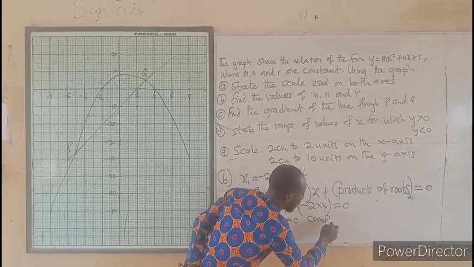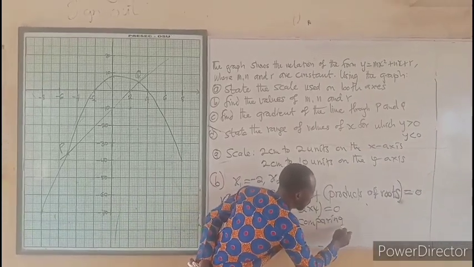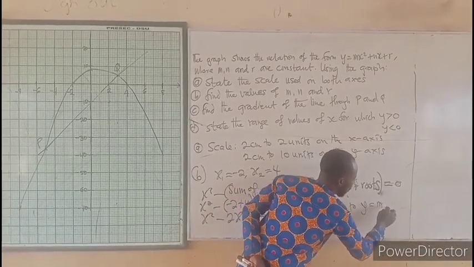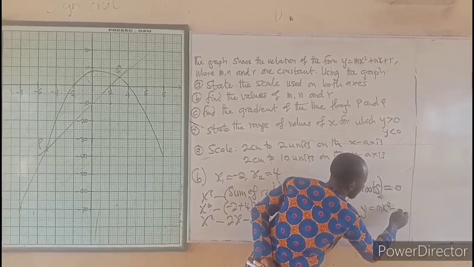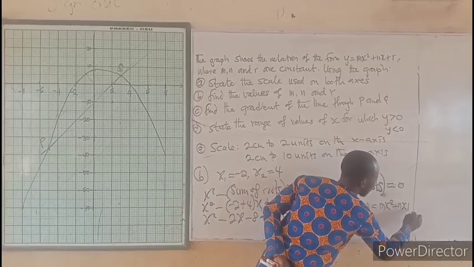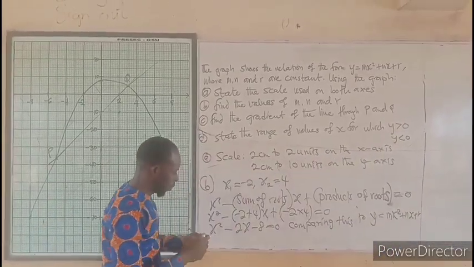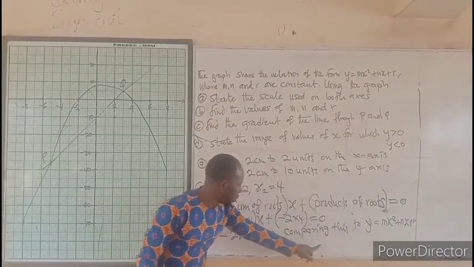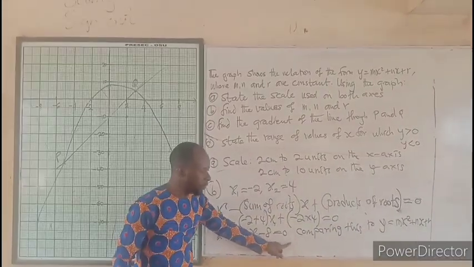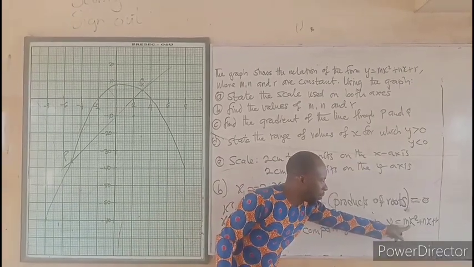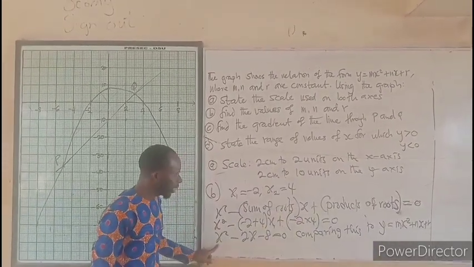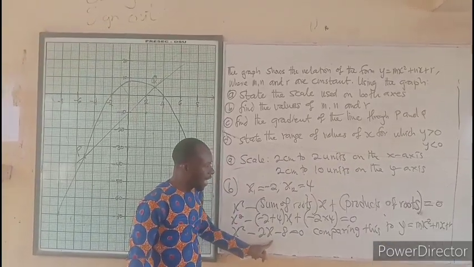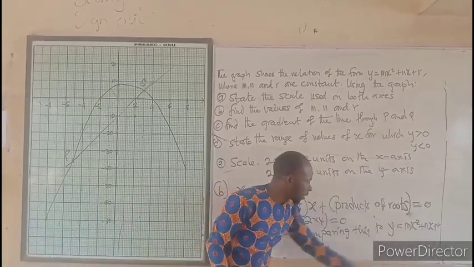Comparing this to our y equals mx squared plus nx plus r, we are going to see that y equals 0. Then we compare mx squared with x squared, nx with minus 2x, and minus 8 with r.